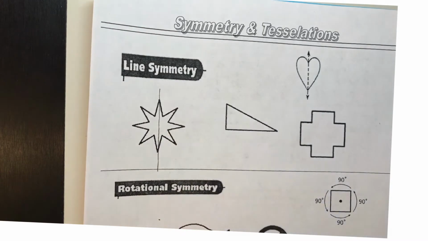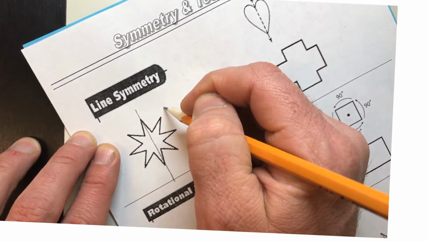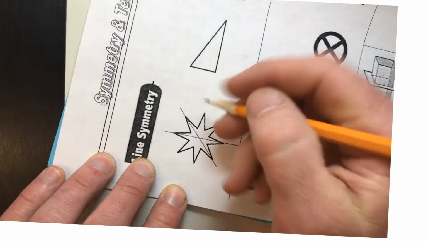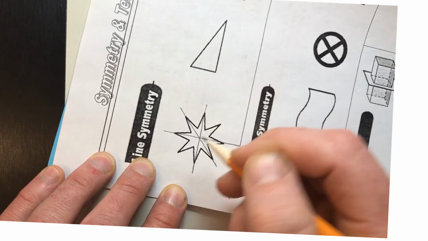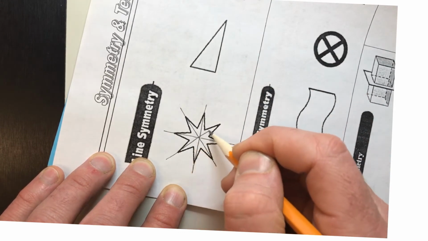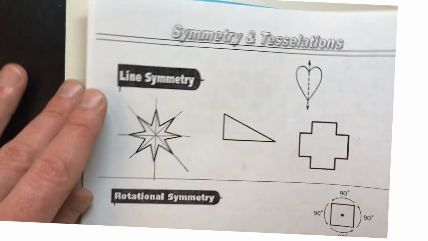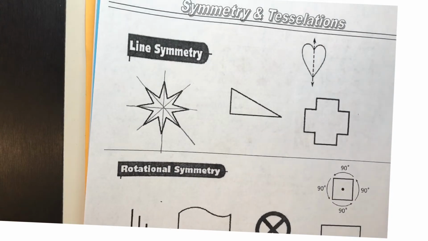Could I split it any more times than that? Yes. So I could split it right here, right here, and right there. Can I split it any more than that? If I draw some other lines to split it symmetrically.